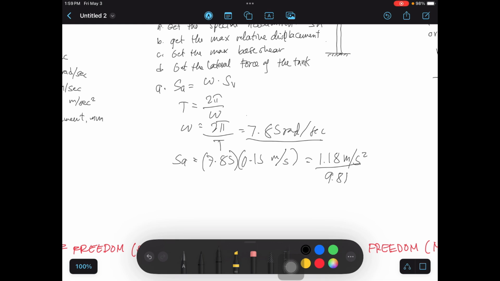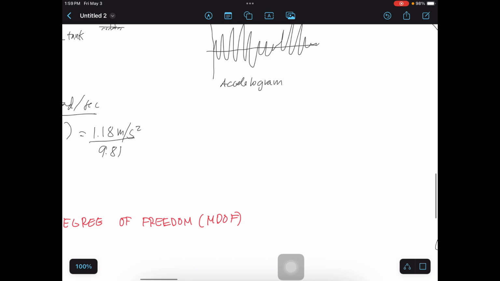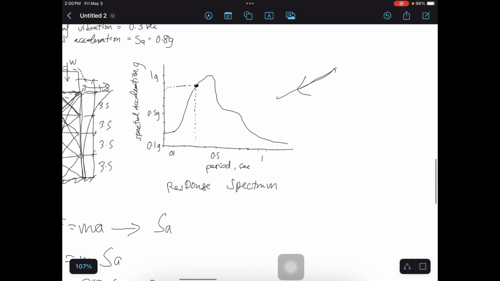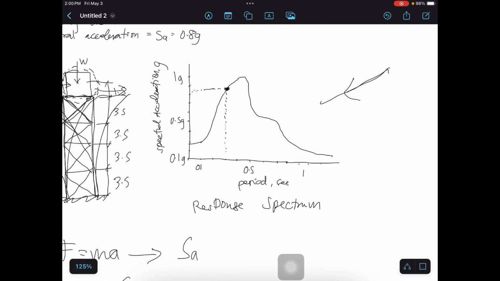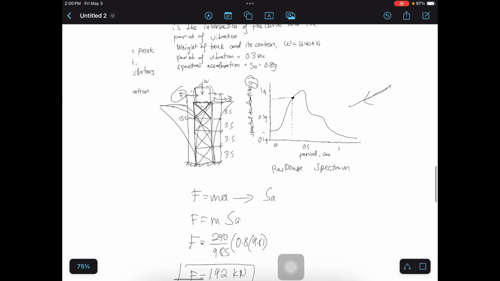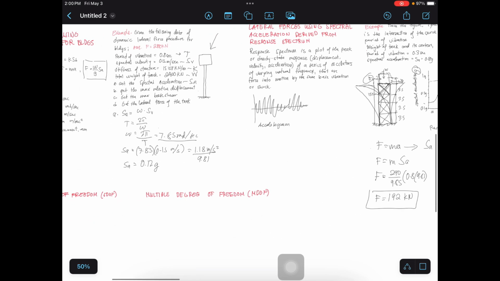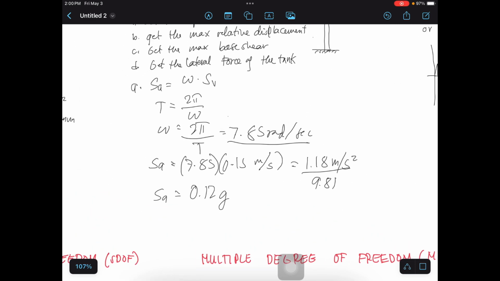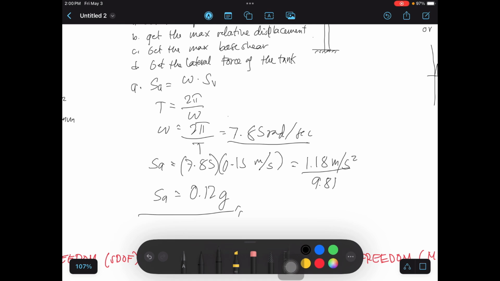So ganito i-express ang SA, where G is yung 9.81. So kung makikita nyo dito sa spectral acceleration, ganun kasi ang notation ng spectral acceleration. It is in terms of G. So, kung gagamitin mo yan, yung SA na yan, kailangan mong i-multiply pa sa 9.81 na value ng gravity. So, SA is equal to 0.12 G.